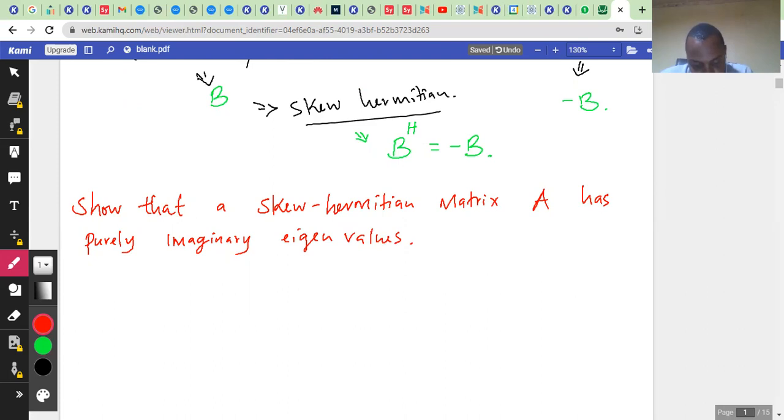By purely imaginary, we mean that the real part of each eigenvalue is going to be 0.